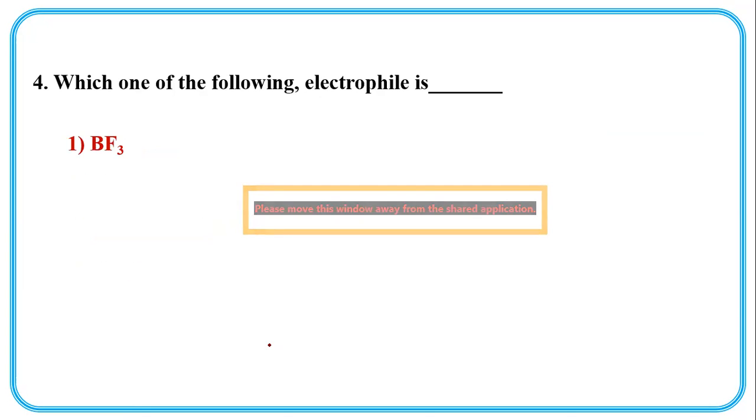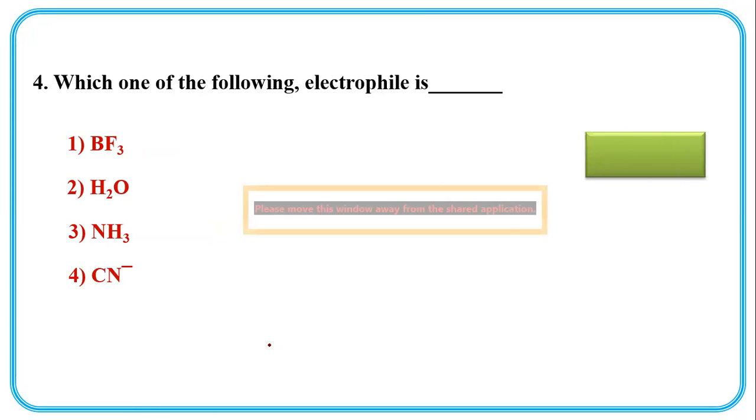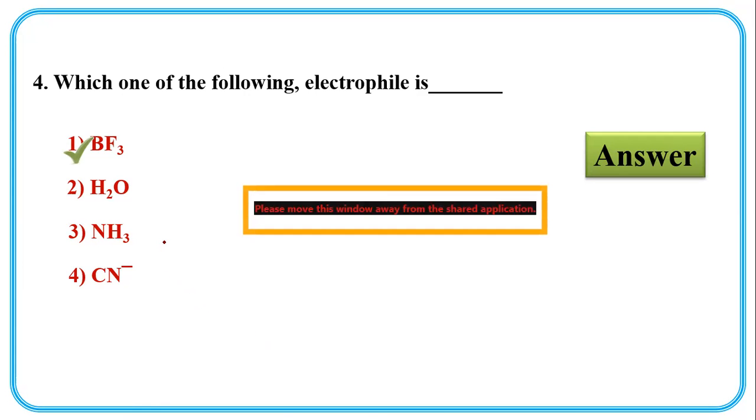Which one of the following is an electrophile: BF3, H2O, NH3, CN minus? The correct answer is BF3, because the second, third, and fourth are examples of nucleophiles. Water has oxygen, and this oxygen has two unused electron pairs.